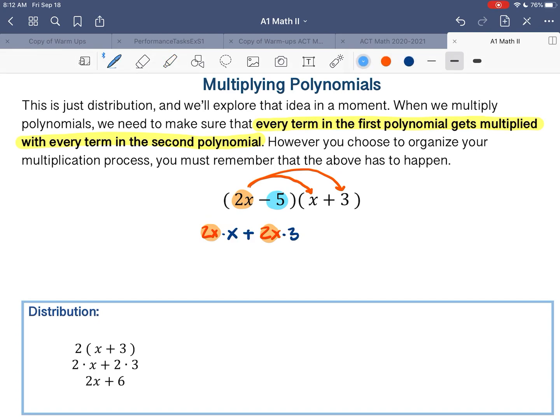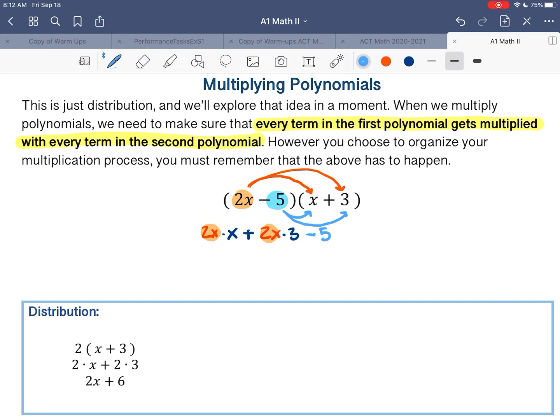And now we have the 5. I need to make sure the negative 5 also gets multiplied by everything in the second polynomial. So I'm going to do sort of the same thing here. I'm going to multiply the negative 5 by everything in the second polynomial, which gives me this math.